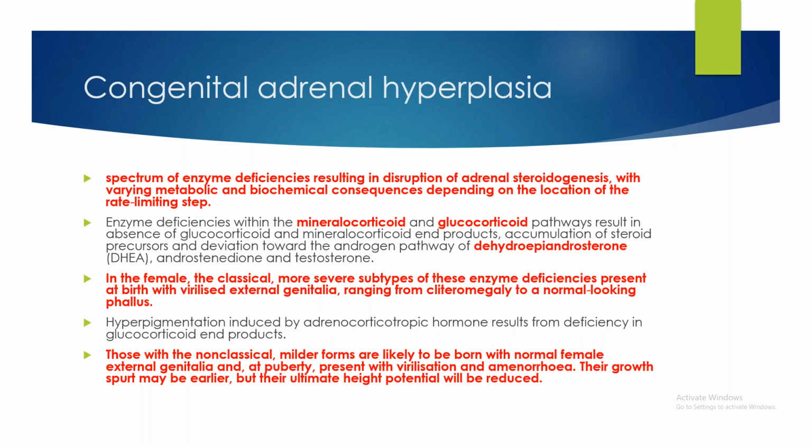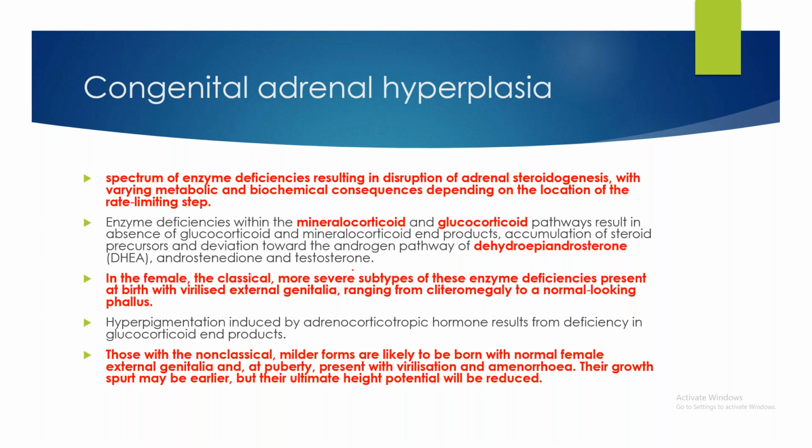Enzyme deficiencies in the mineralocorticoid and glucocorticoid pathways result in absence of glucocorticoid and mineralocorticoid hormones and accumulation of steroid precursors, which are deviated towards the androgen pathway, and there will be increased levels of DHEAs, androstenedione, and testosterone. So this is the basic thing of CAH: elevated DHEAs, androstenediones, and testosterone.